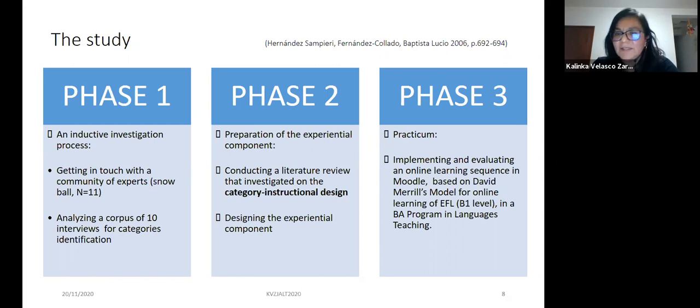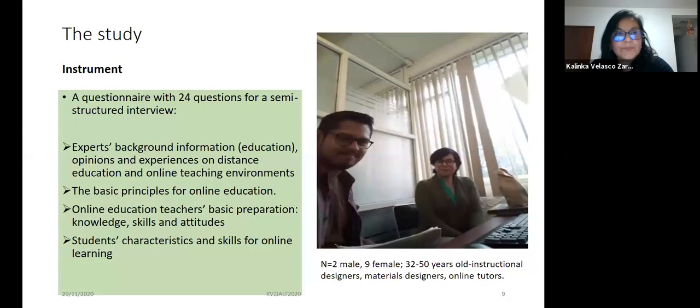Phase 3 consisted of the practicum, implementing and evaluating an online learning sequence in Moodle based on David Mary's model for online learning of English at the intermediate level in a BA program in languages teaching in Mexico. This study was conducted in a state university. I'm going to talk more about it later.